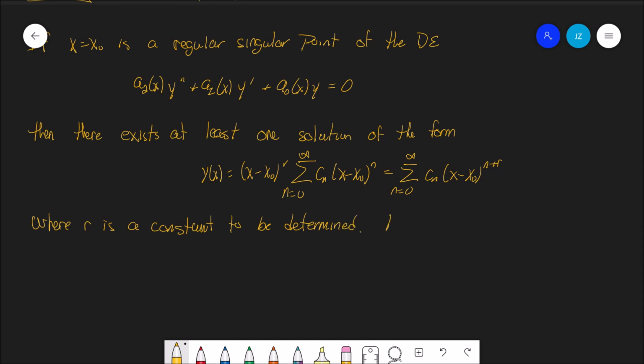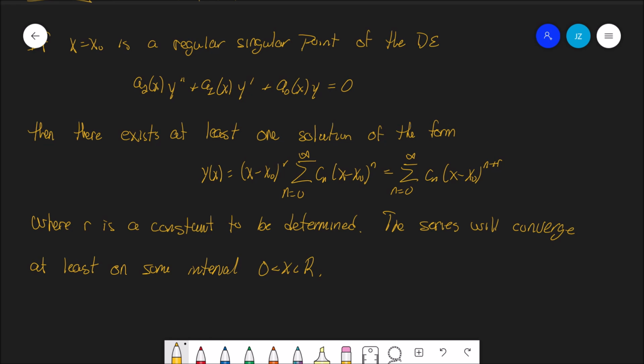So the series, as before, will converge at least on some interval 0 less than x less than r, big R. This big R, again, needs to be determined.